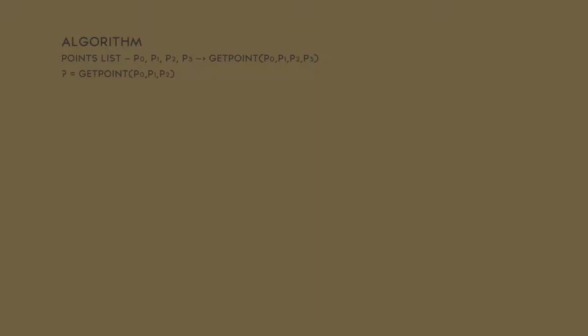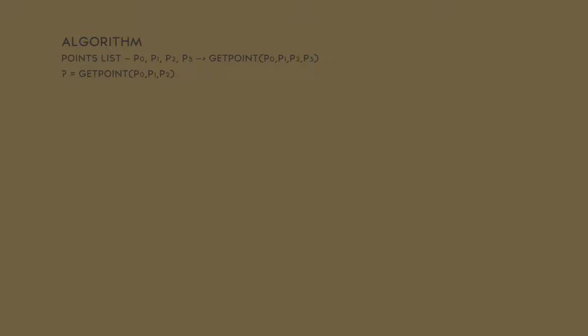I'm going to walk through this call by call. So 4 points is greater than 1, so we need to go to the recursive calls section of our algorithm. We take the last element out of the list, so we're recursively calling the algorithm with P0, P1, and P2.